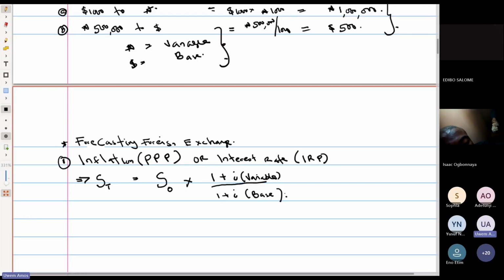So what do we mean by variable? For example, if you are doing Naira against the dollar and the Naira is the variable, it will be the inflation rate of Naira that will be up, and the inflation rate of dollar will be down. If you are doing pound against euro, whichever country's currency is variable, the inflation rate will be up, the other one will be down. That's why it's very important to know which currency is variable and which is base, because you would always make use of it.